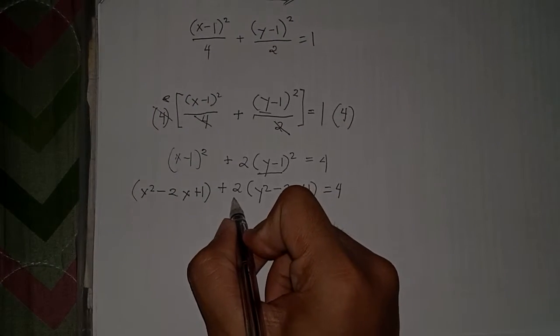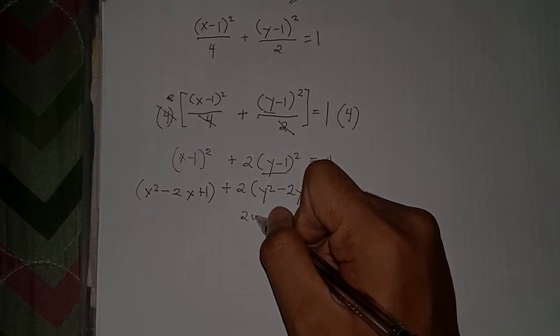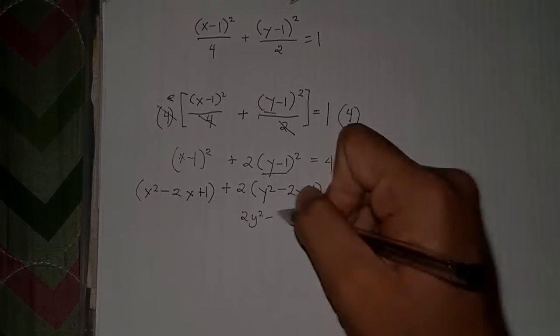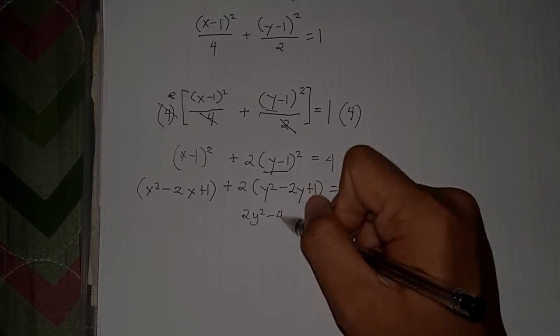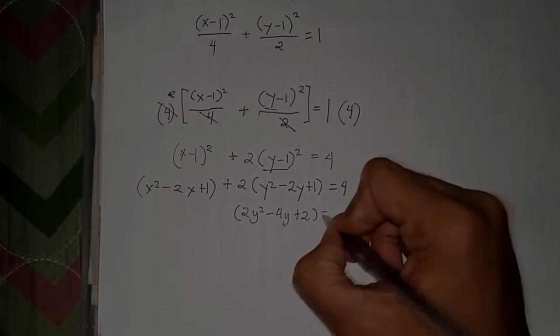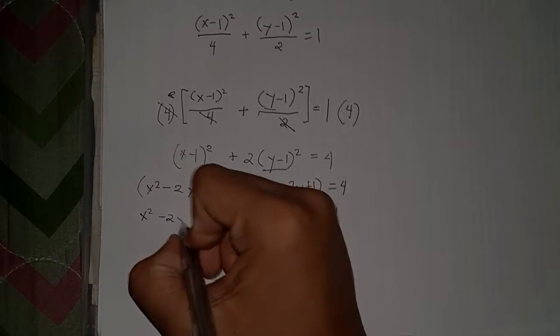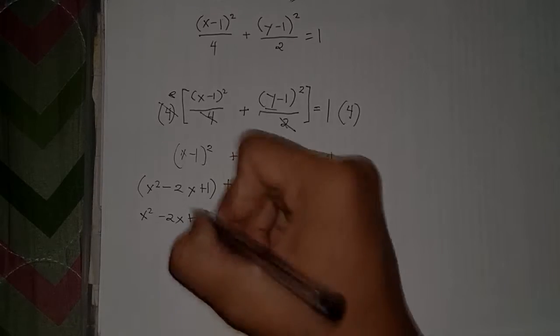Then we distribute, so this will become 2y squared minus 4y plus 2, and x squared minus 2x plus 1.